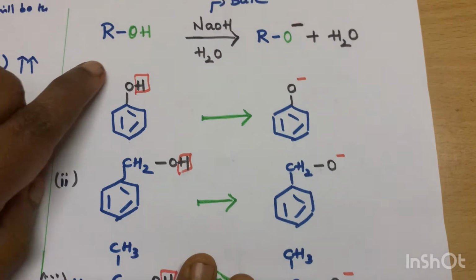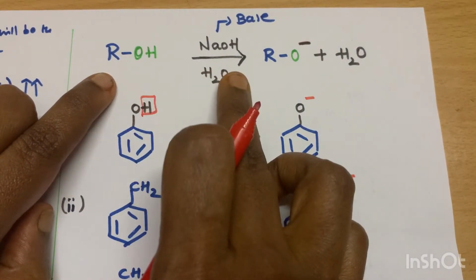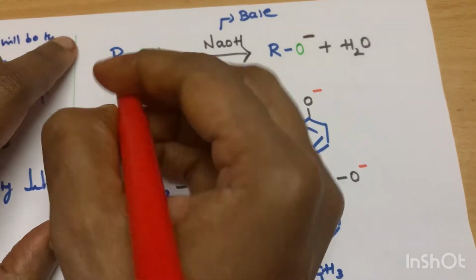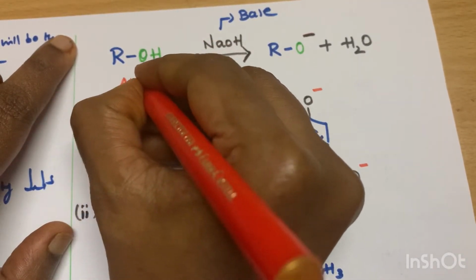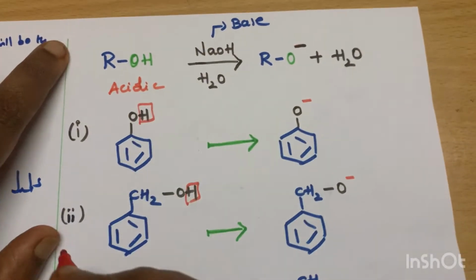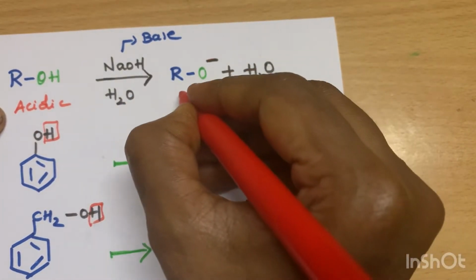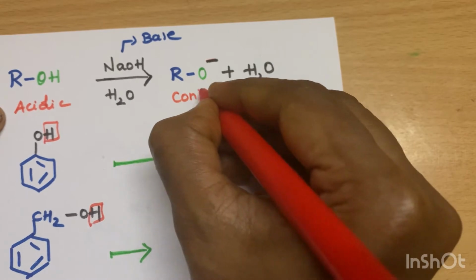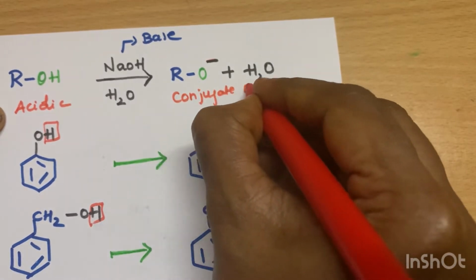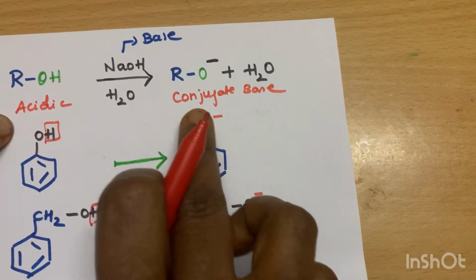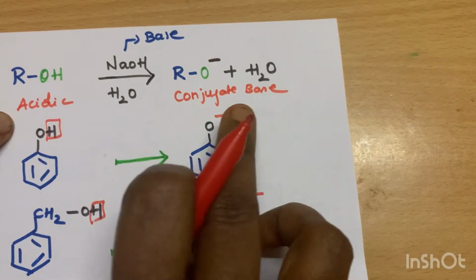Remember this. Why is it reacting with the base? Because it has an acidic proton. So we call this an acidic molecule. After treating with the base, it converts to an anion, and we call it its conjugate base. Right, students? This is the acid, and this is its corresponding conjugate base.